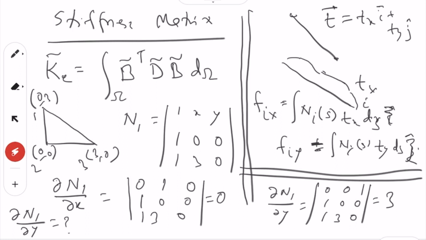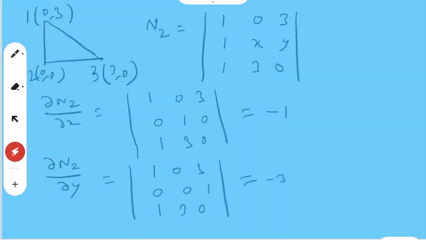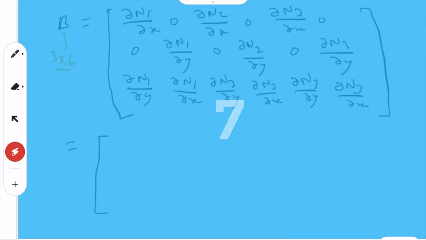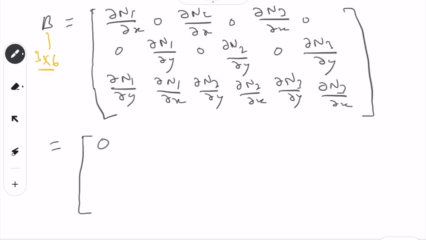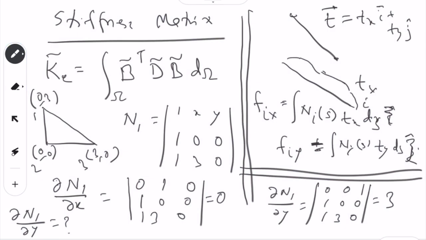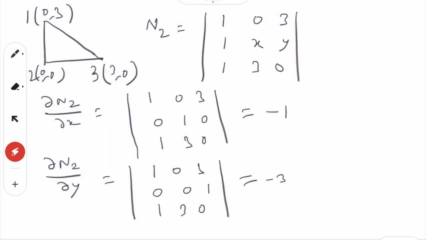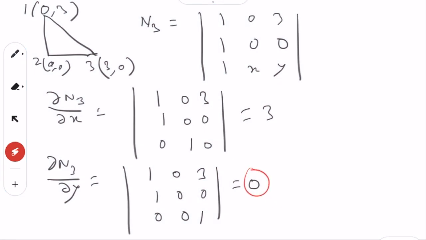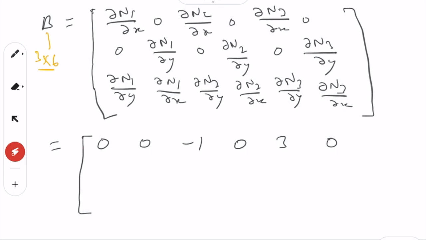So let us look at the first. We will see this is 0, then we have minus 1 and 3, 0, minus 1, 3. So 0, 0, 0, minus 1, 0 and 3, 0. Okay, now the next one, we have 3, minus 3, 3, minus 3, 0, 3, minus 3, 0.